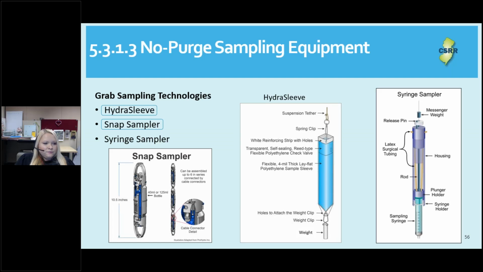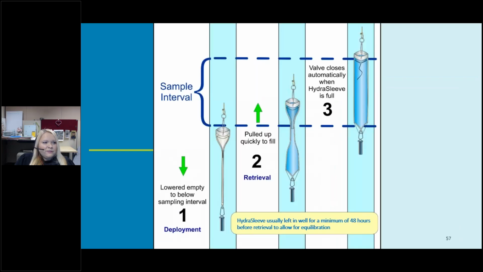A HydroSleeve is shown in the center figure, and it is basically a thin polyethylene sleeve that is deployed into a well on a tether, and it has to be deployed below the selected portion of the screen interval that the sample will be collected from, and then to fill the HydroSleeve, the user has to pull it up. Next slide. Due to the relative complexity of HydroSleeve deployment and the sampling technique, we included this figure to illustrate. There is room for user error with HydroSleeves.